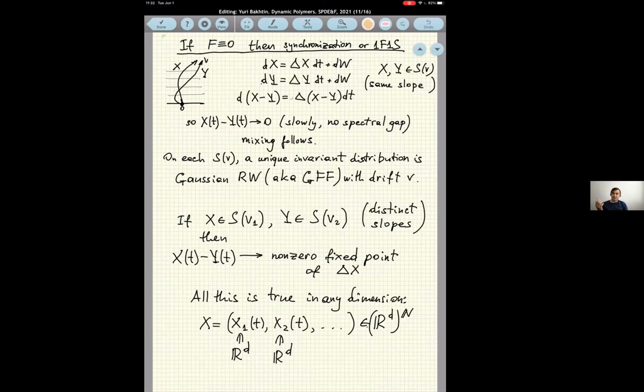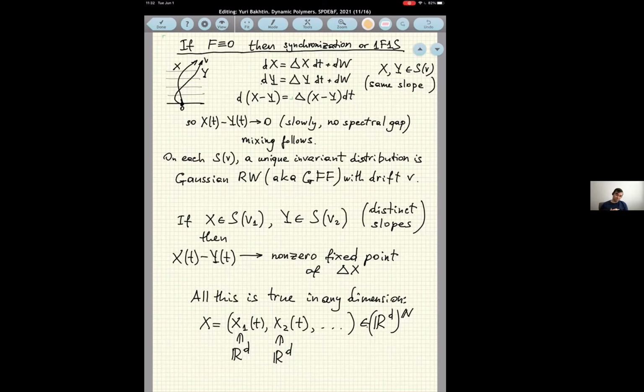There's no spectral gap here, but still, if you subtract two solutions from each other, they now solve the homogeneous heat equation. So you have some contraction. The difference will converge to zero slowly. If the initial conditions have the same slope, then the difference will converge to zero, and the mixing will follow from this. You can derive that there's a unique invariant distribution here. Of course, this is just a Gaussian random walk that you can view as the Gaussian free field.